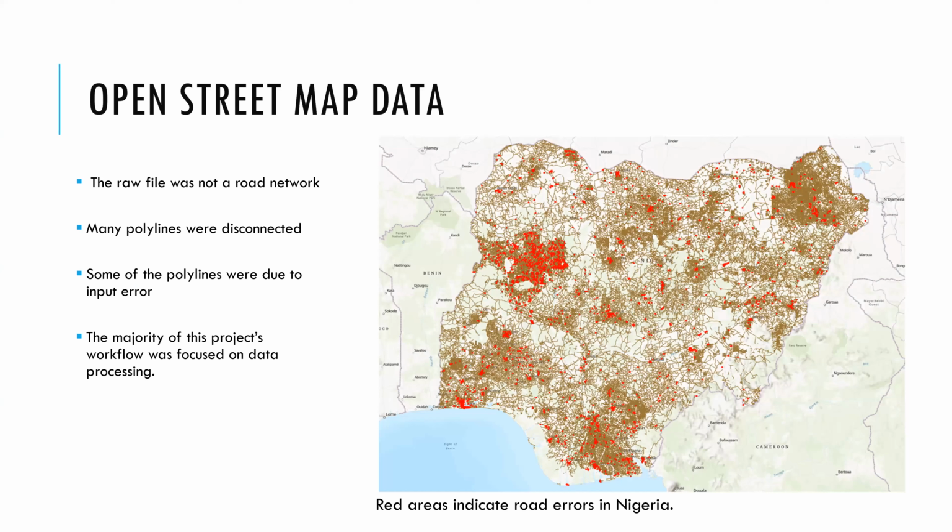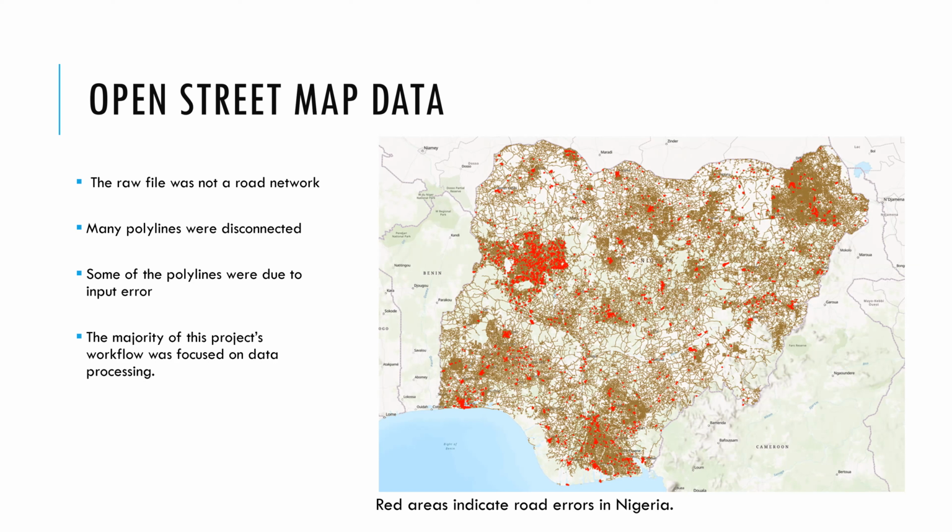To start off with, most of my analysis and workflow was spent on trying to figure out how to make a line network, even a shapefile, of the data I received from OpenStreetMap.